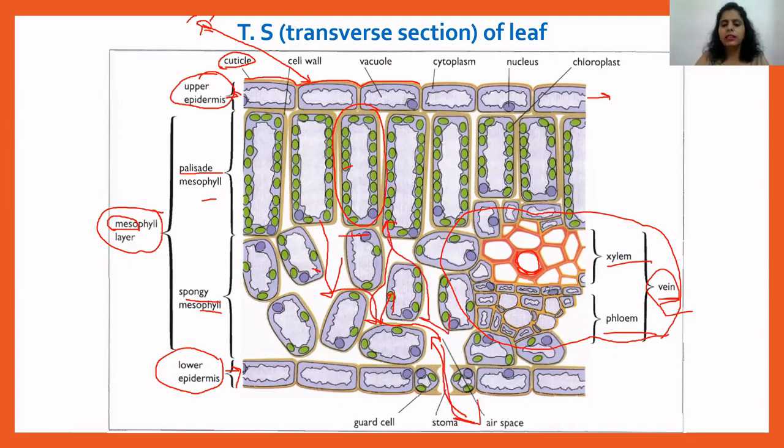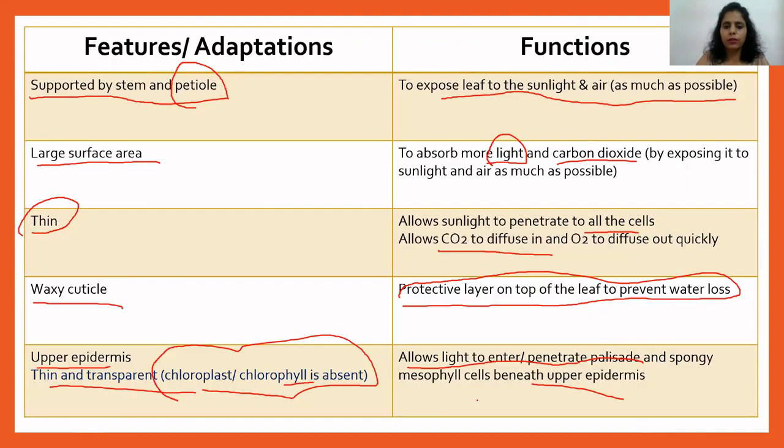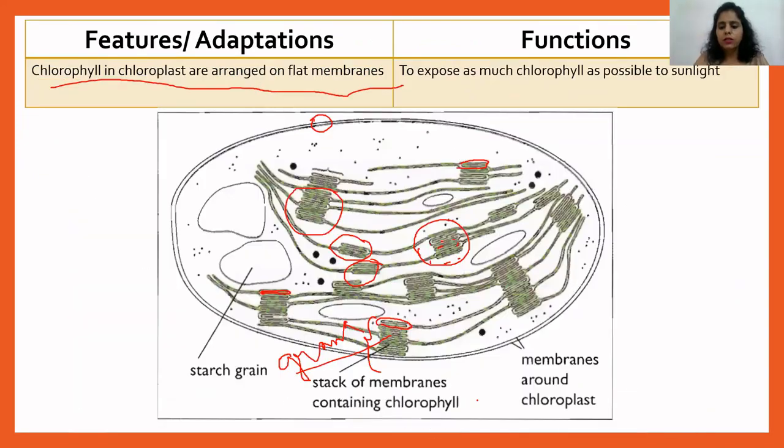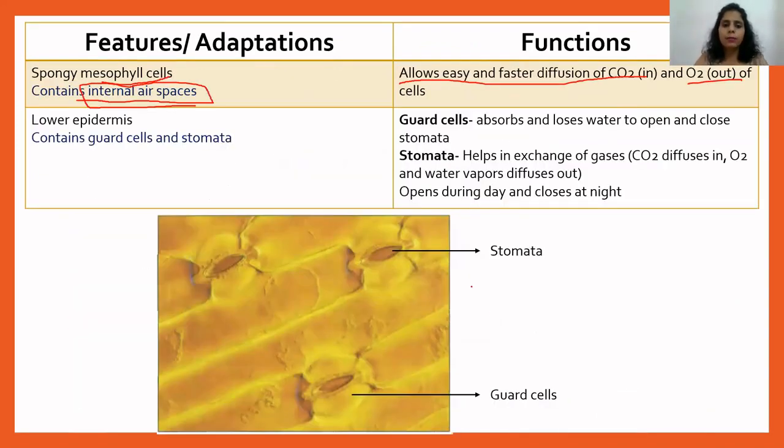So oxygen can quickly diffuse outside the leaf, and carbon dioxide can quickly diffuse inside the leaf. This is the importance of internal air spaces: easy and faster diffusion of carbon dioxide inside the leaf and oxygen outside the leaf.